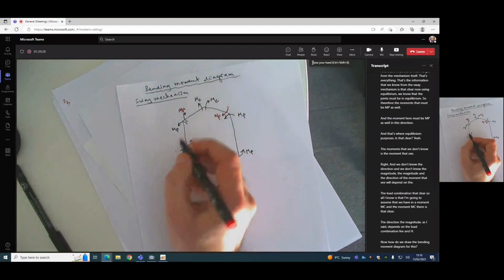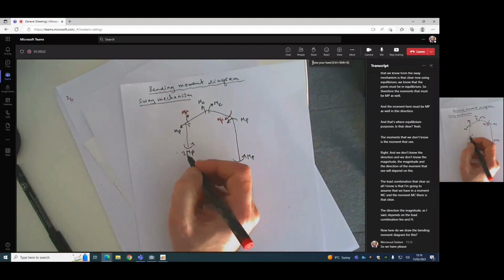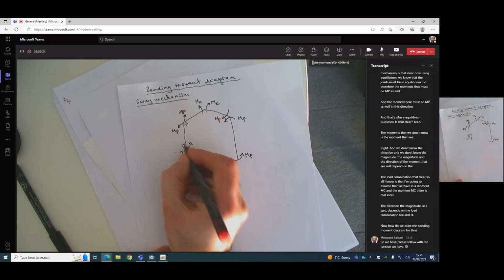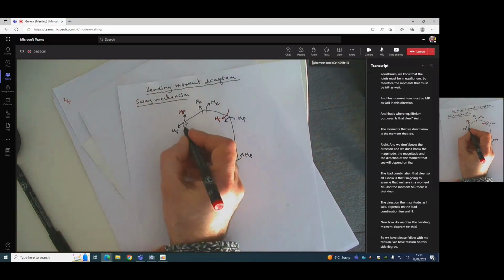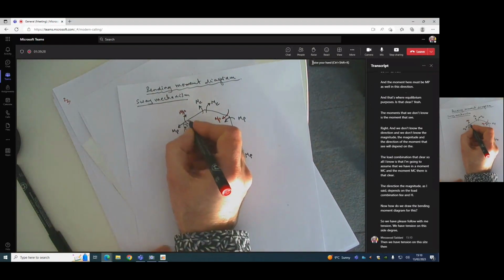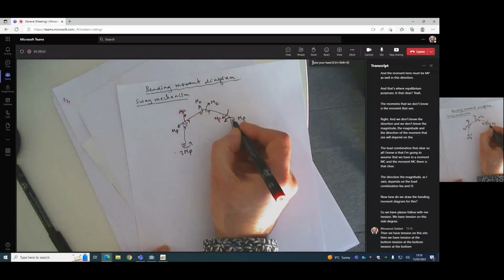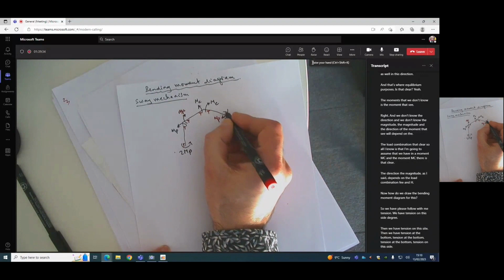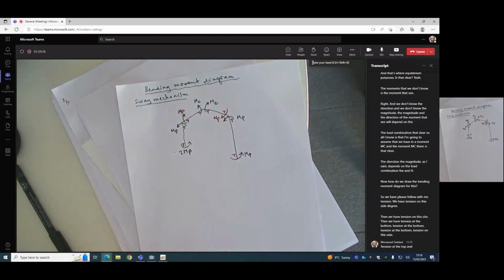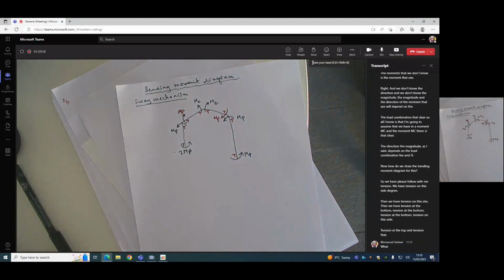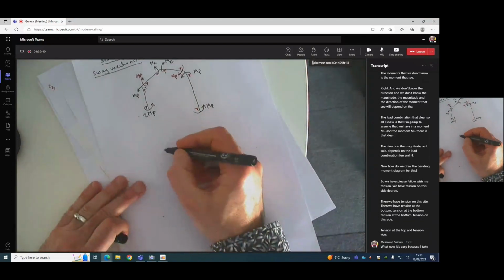So we have, please follow with me, tension on this side. Do you agree? Then we have tension on this side. Then we have tension at the bottom, tension at the bottom, tension at the bottom, tension on this side, tension at the top, and tension there.